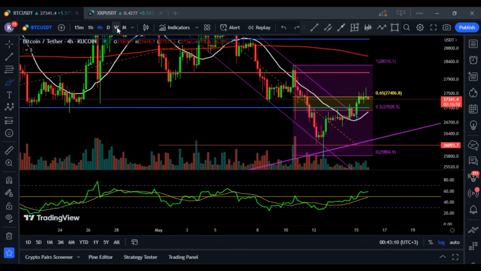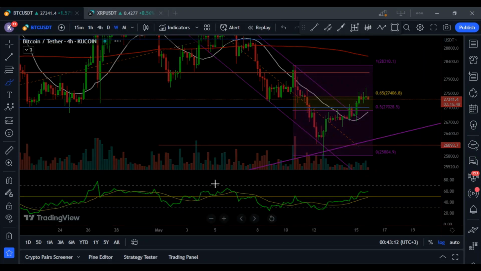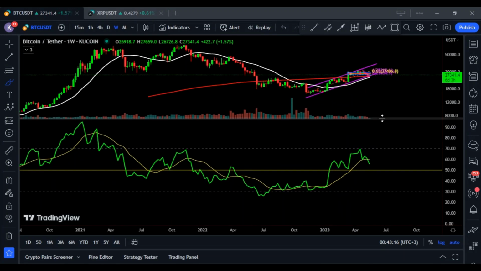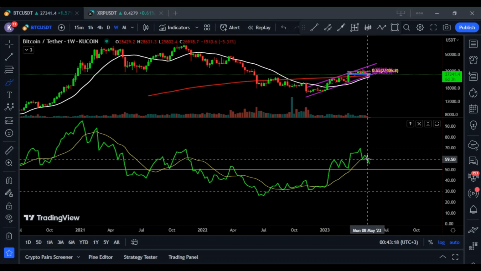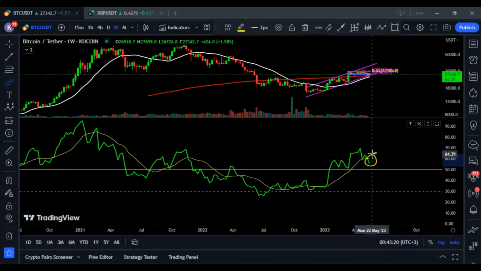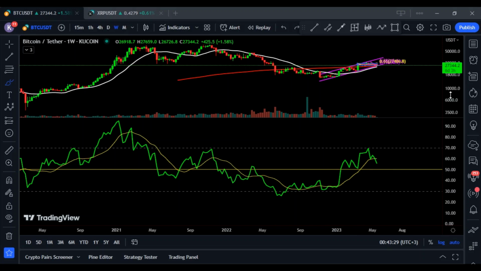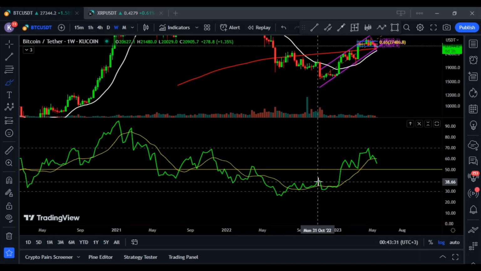And let's go to the weekly before I tell you my thoughts on this. On the weekly, remember when we discussed this RSI and how we retested this? Now we're having this go to the downside. I'm not saying that this is the end of the world or anything like that, but this can be a move like, for example, this move here, right?